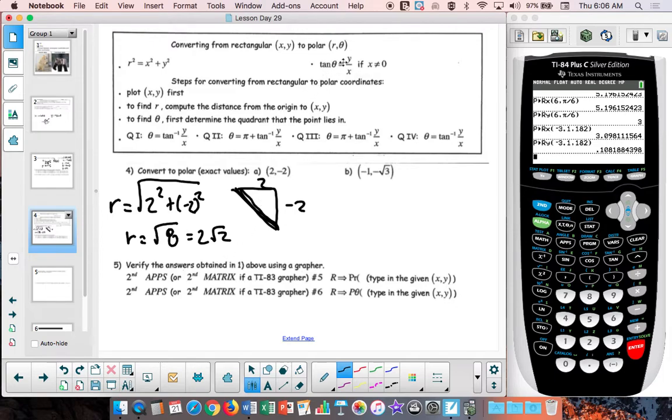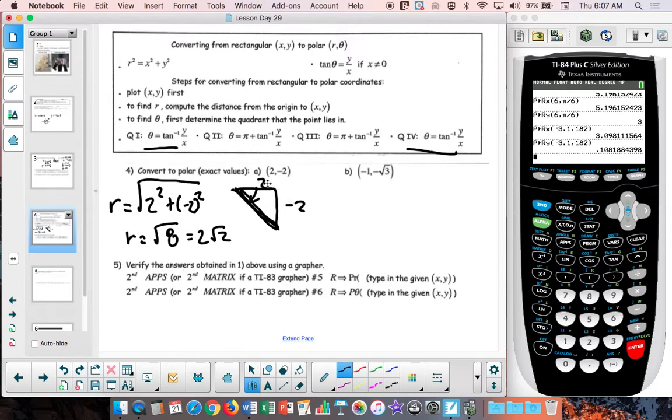And then to find the angle, you're going to use inverse tangent. So this is going to be in quadrant 4, and quadrant 4 and quadrant 1 are easy because you don't have to do anything. You just have to take inverse tan of those things. But you also can figure this out without using your calculator.